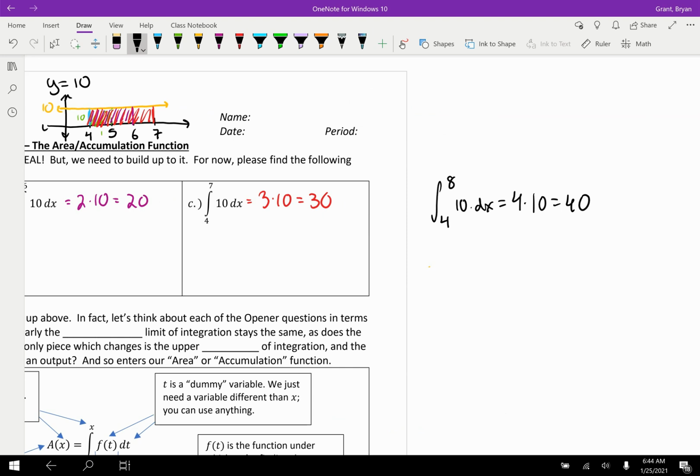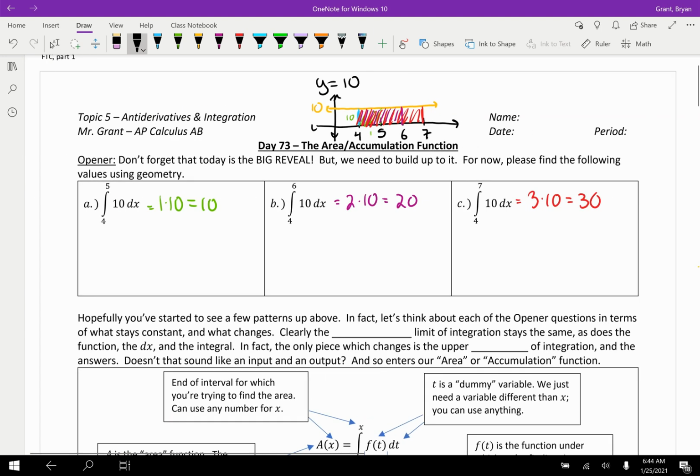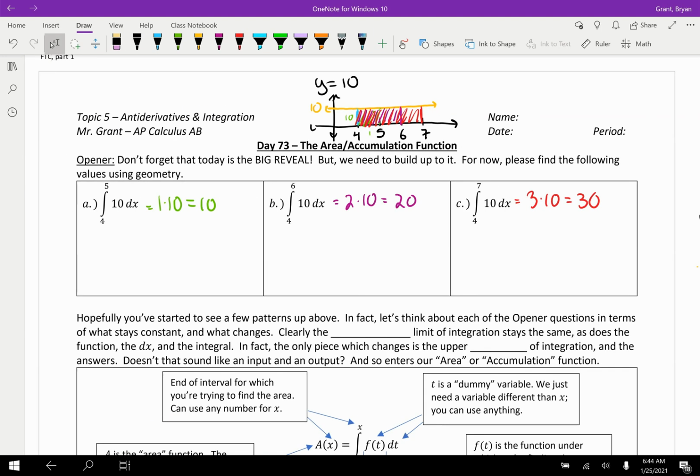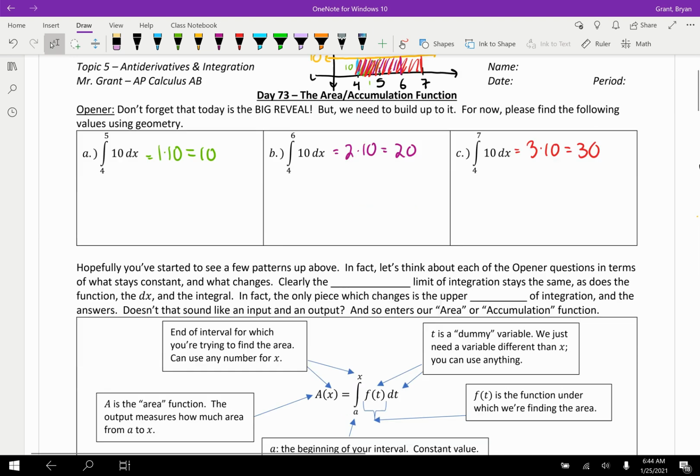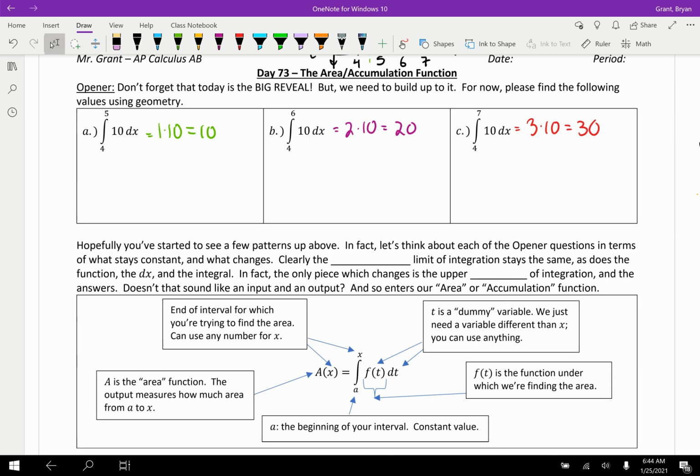Well, anytime you have a pattern of outputs, you might start to think about this in terms of what is staying constant versus what changes, and we can use those to determine a pattern of outputs and maybe even sometimes inputs. So let's examine these definite integrals up above.